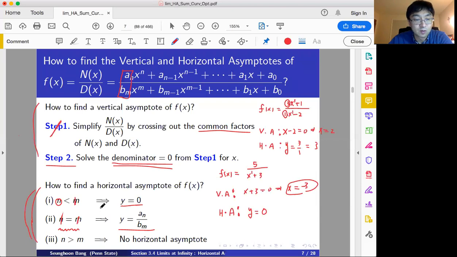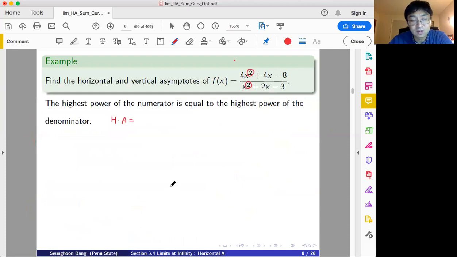Here, we have the same power, so coefficient over coefficient. So 4 over 1. y equals 4 is the horizontal asymptote.